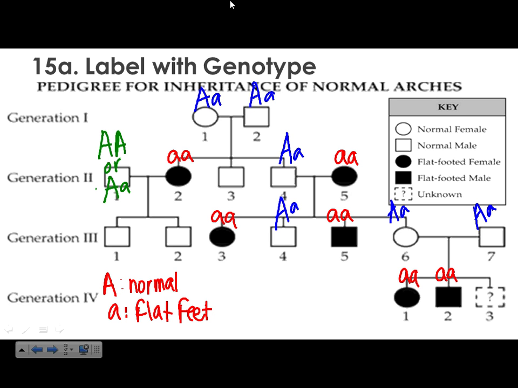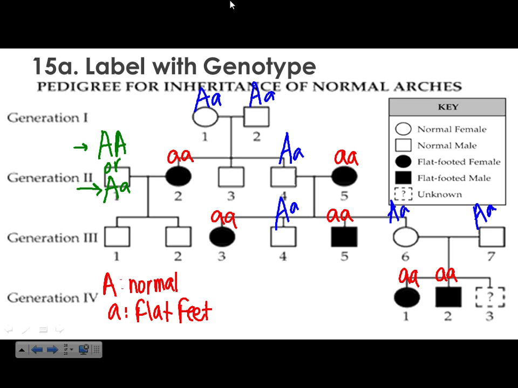If they had 15 children and none of them had flat feet, then it would be big A. If they have a 3rd child and that 3rd child has flat feet, then they must be big A little a.